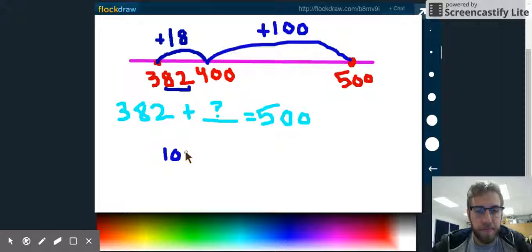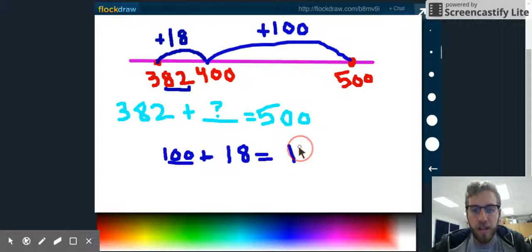So if I had 100 plus 18, you can see that the 1 and the 8 in 18 will fall into the 2 zeros in the number 100. So that's going to make for the number 118. So Adam would need 118 more signatures to get up to 500 since he only has 382.